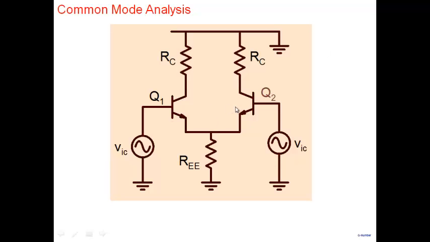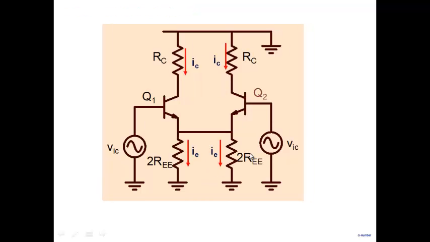Because the transistors are matched, the signals on both sides are the same, and therefore, why do a more complicated analysis when we can simplify it? So let's look at the steps here. The currents are the same, IC here. When I apply a small signal here and a small signal here, there would be a small signal collector current and a small signal emitter current. The two emitter currents will add up and go to ground.